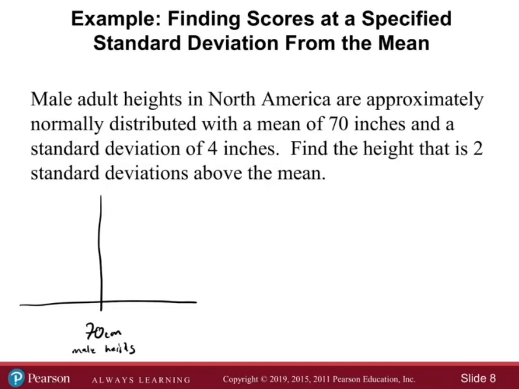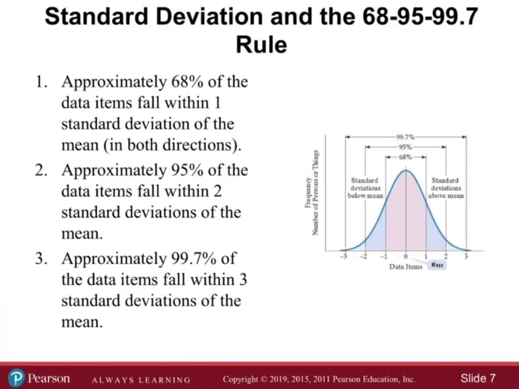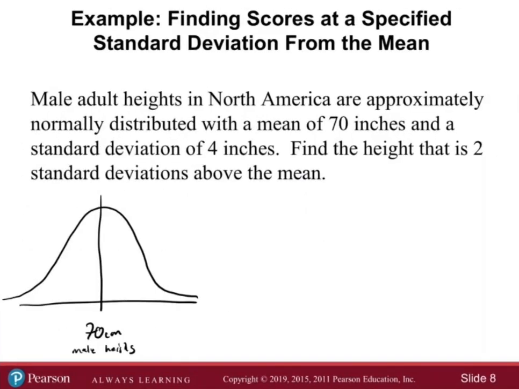And then say we have our bell-shaped curve, something like this. On the previous slide, when we have one standard deviation, is it at the inflection point? It kind of is. So one standard deviation is about here.